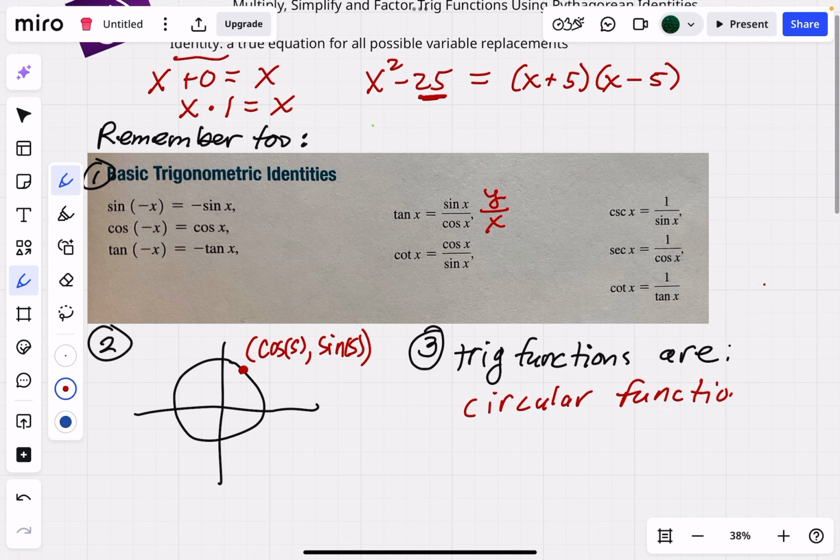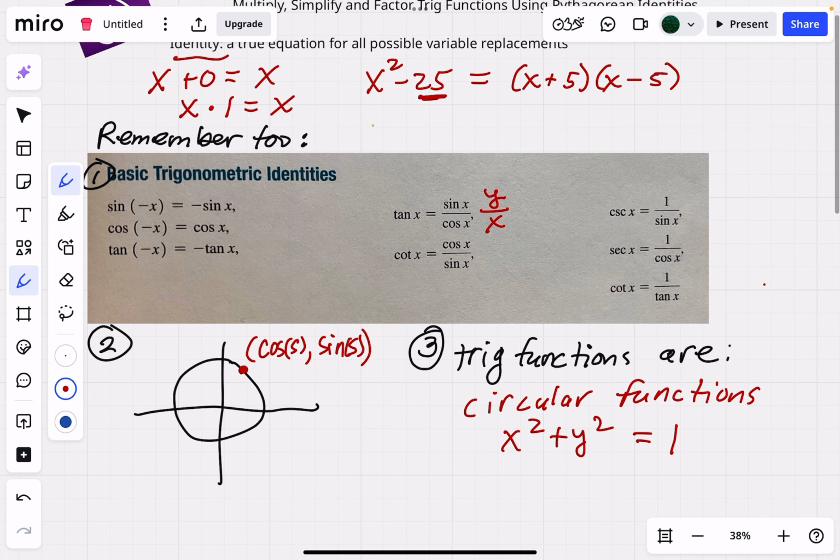If we're talking about our unit circle, then we know that the radius of the unit circle is 1, and that for any circle it would be true that x squared plus y squared is 1. This is the equation for a circle. We have a unit circle here, so our radius is 1.